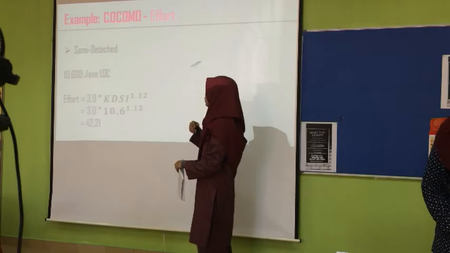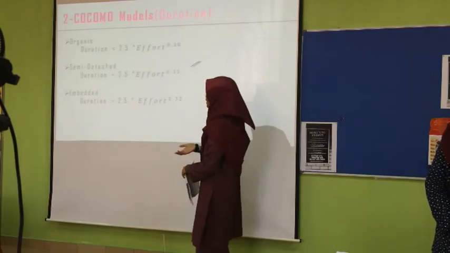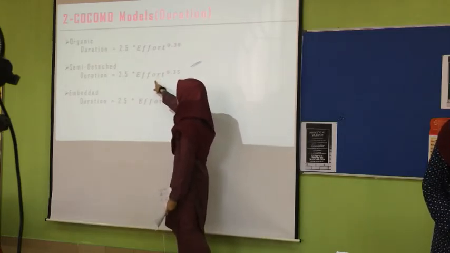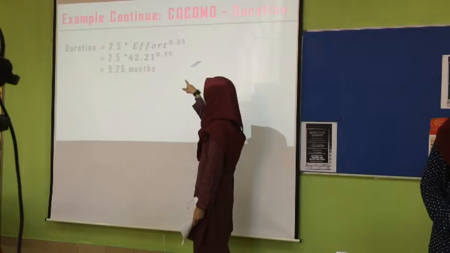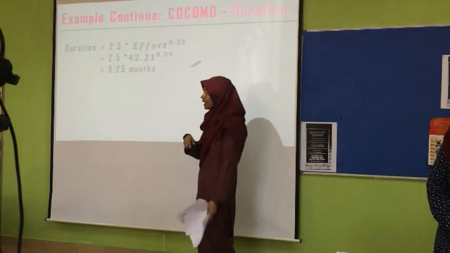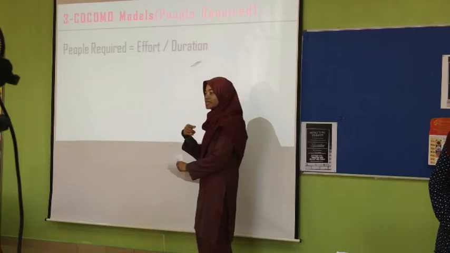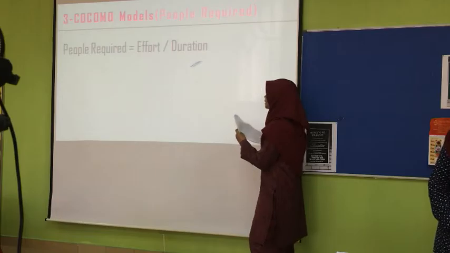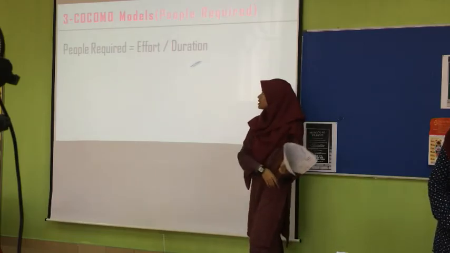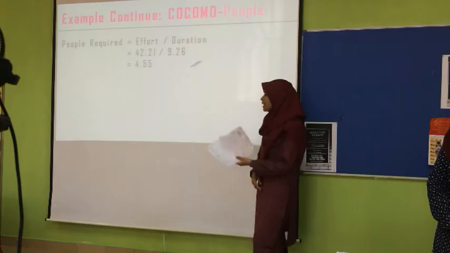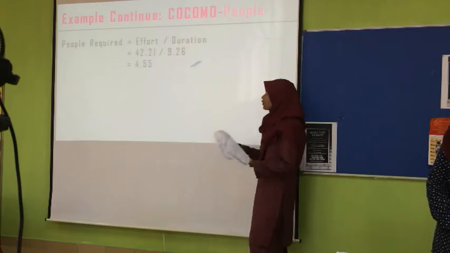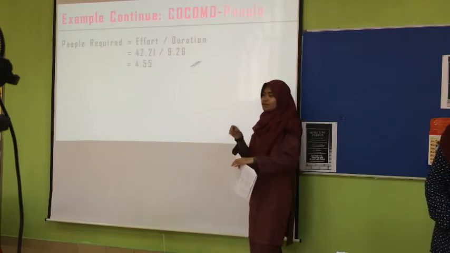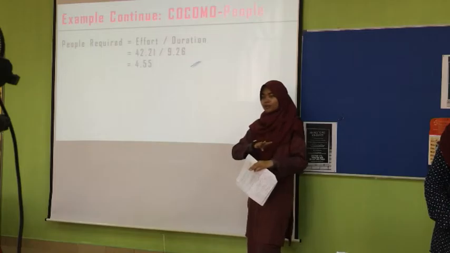Then next you have to calculate the duration of the project, where you input the effort calculated before, and you get 9.26 months. The last step is you have to calculate the people required to complete the project, where the effort, 42.2, is divided by the duration, 9.26 months, so you require 4.55 people, but it is impossible to have 0.55. Either you take 4 people or 5 people.